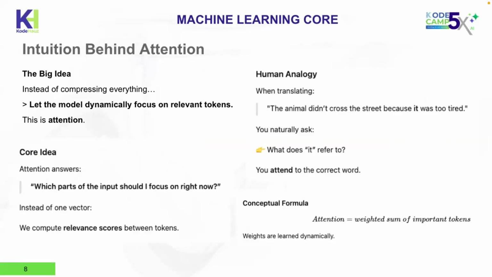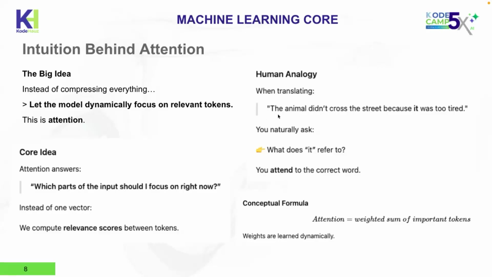Instead of giving it a single context vector, which is what LSTM and other sequence models were doing, it will rather see all the tokens and compute the relevance scores between the tokens. I think we've already said this.